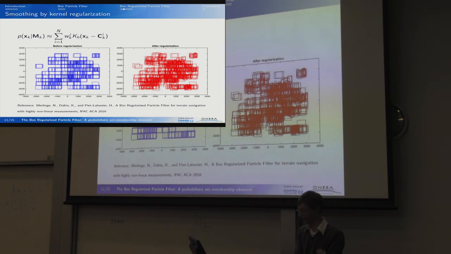Would you like to explain briefly how you moved from 5,000 to 200 particles? Was it for efficiency reasons? We wanted to have something as little computationally costly as possible. But here we can move from 5,000 to 200 thanks to the box particle concept itself.